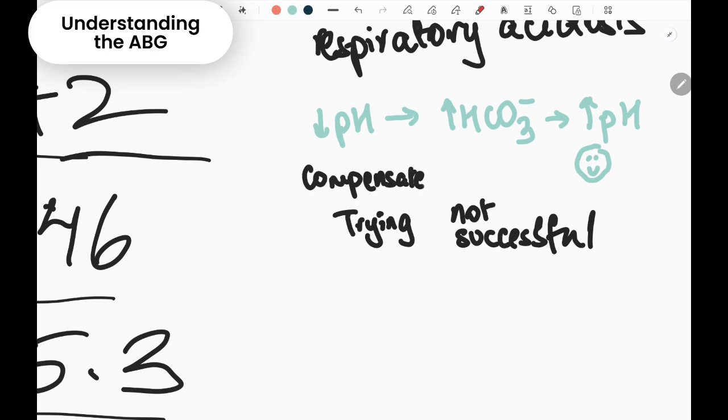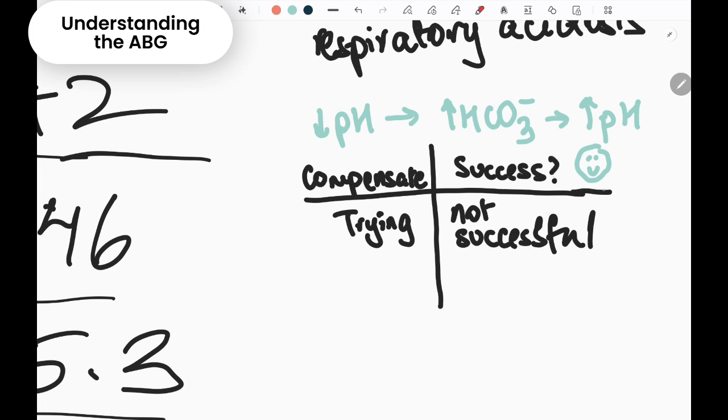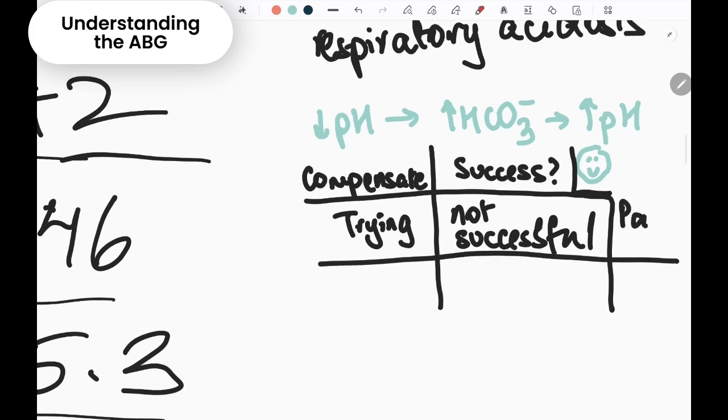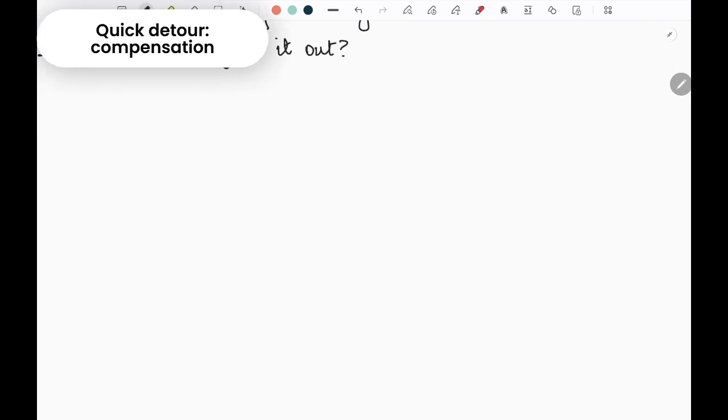So the kidneys are trying to compensate for the lungs' work. Yes, the body is trying to compensate. Are they successful? Not quite. So we call this partial compensation.